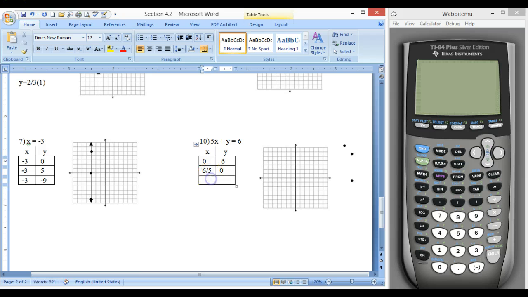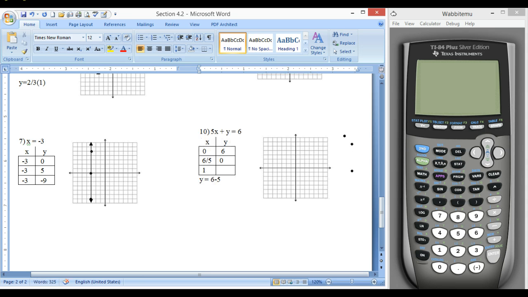And then I'm going to pick a 1. 1 for this gives me 5 times 1 is 5, plus y equals 6. And to isolate the y, we subtract 5. And we get y equals 1. So we have the point 1, 1.